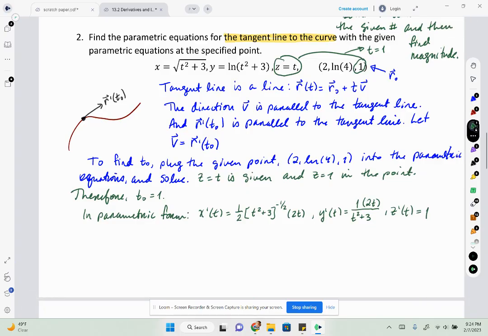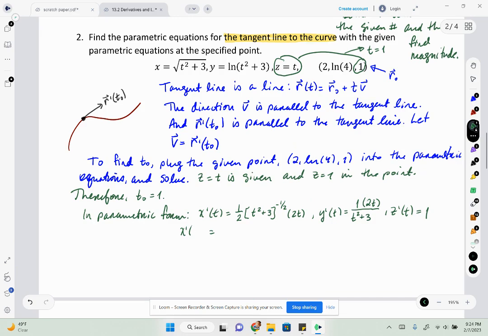Okay, now x prime of t naught is equal to, well, let's plug this in. Those 2's are going to cancel. The t on the outside is just a 1. So let's actually rewrite this.